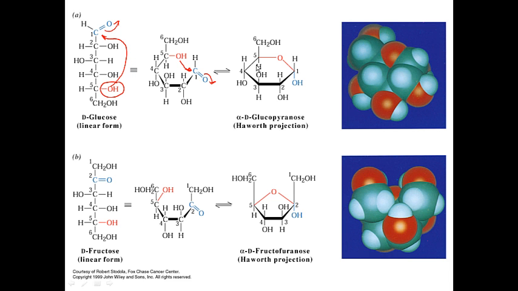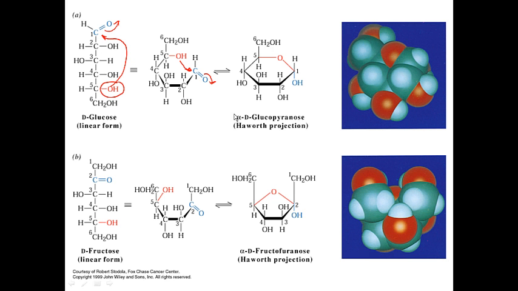Remember that the six-membered ring is more stable than the open chain form, or the six-membered ring stabilizes, in this case, this hemi-acetal, so that this is the cyclic form of glucose, which is called a glucopyranose.